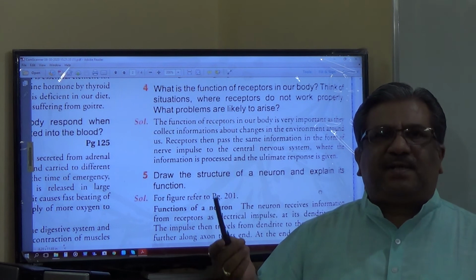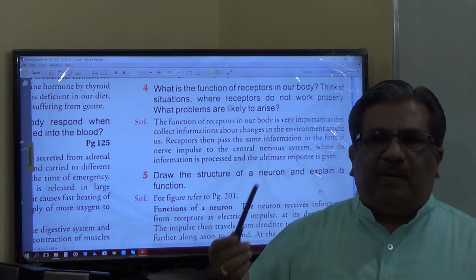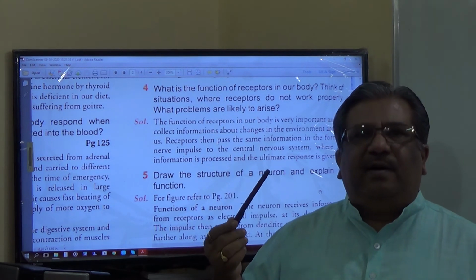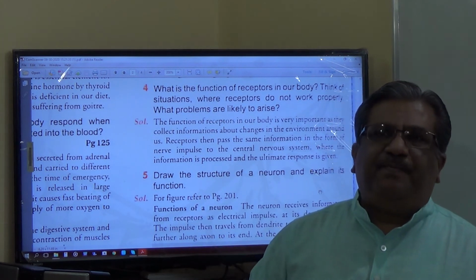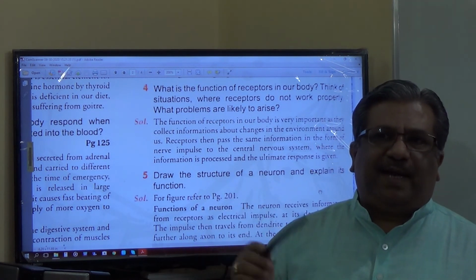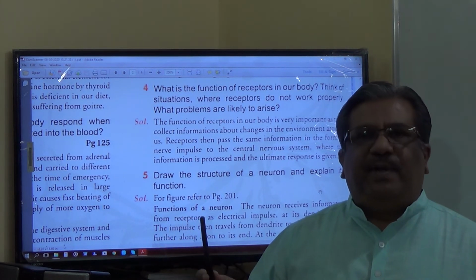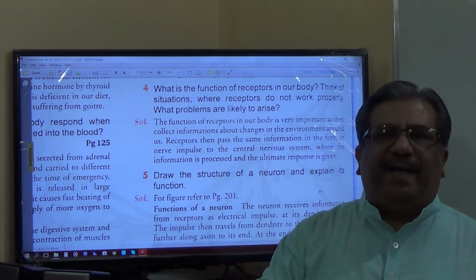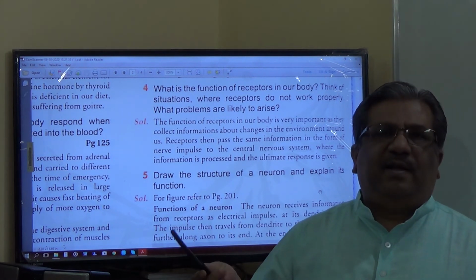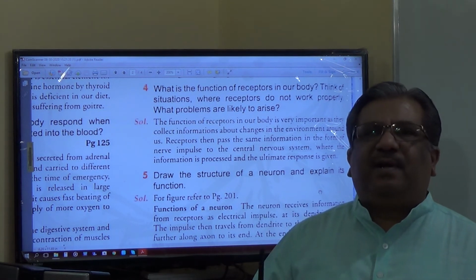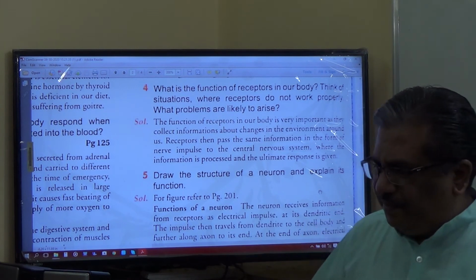If the photoreceptors are working properly, then the vehicle's movement will be sent to the brain, and the brain would perceive that there is a vehicle coming in front, and initiate a suitable action as a response, by means of movement of the body away from the vehicle. So if photoreceptors are not working in our eyes, then definitely it may lead to an accident.